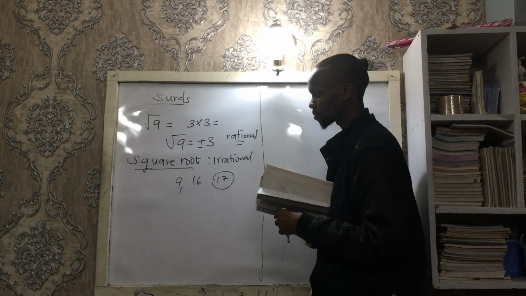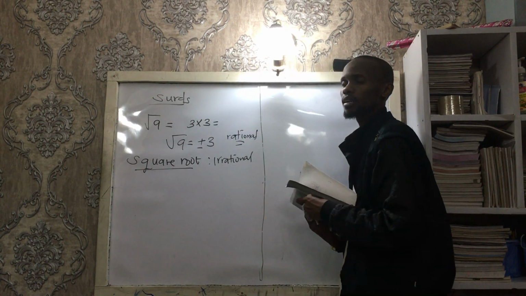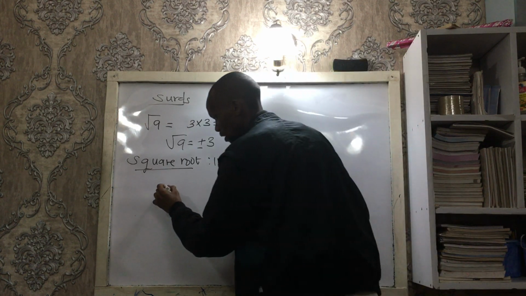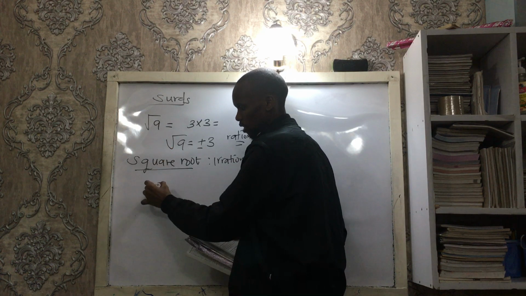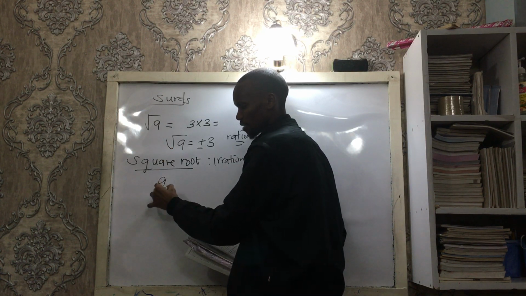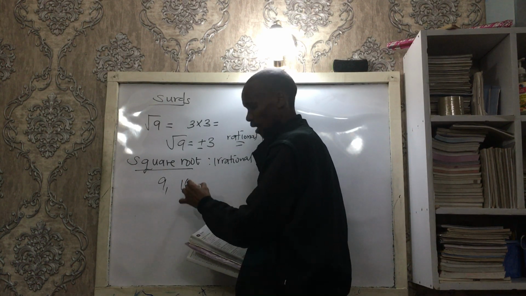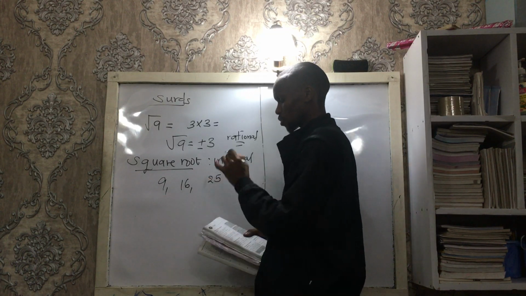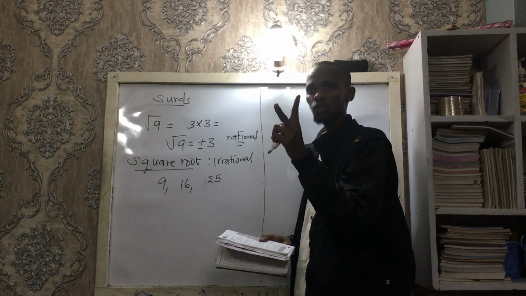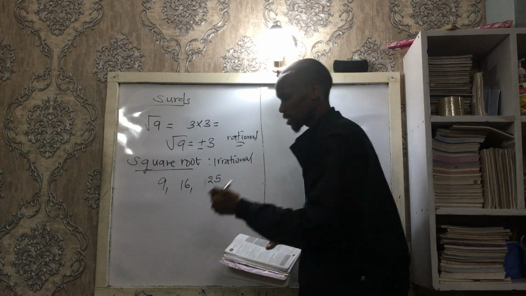Let's look at the numbers that do have square roots. 9 has a square root. The other one is 16. 16 has a square root, and 25 has one too. Now, look at 9.